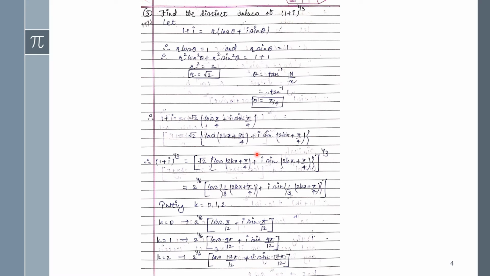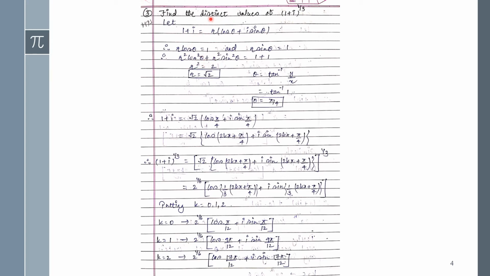But here it is not written as any root of unity, where you have to find the fifth one or the fourth one. Here it's written: find the distinct values of (1 plus i). 1 plus i is actually given in the form of z, because you can observe the term here is 1 plus i, right? So you have to compare it with the r and θ form.